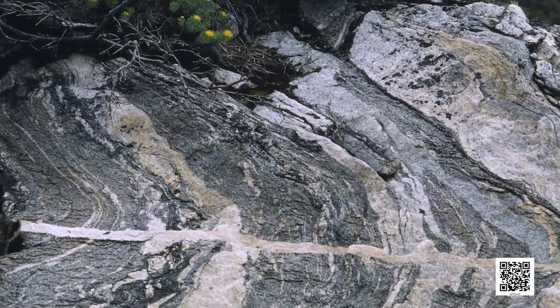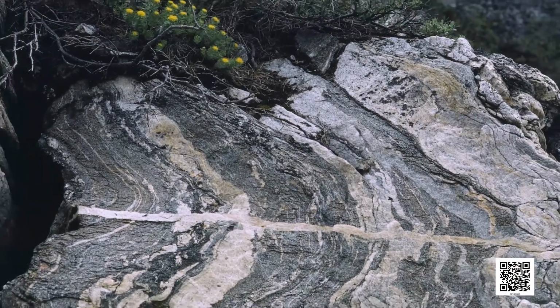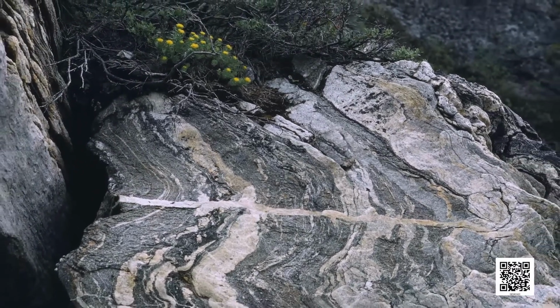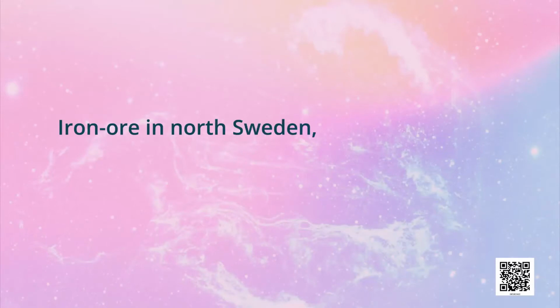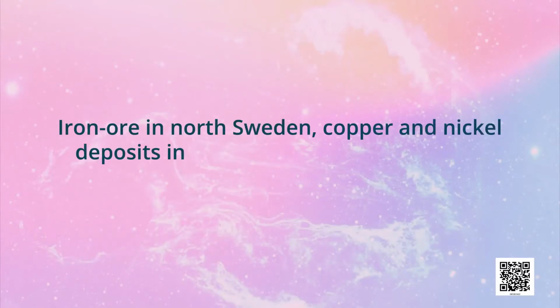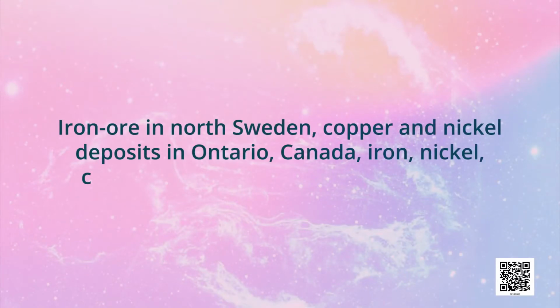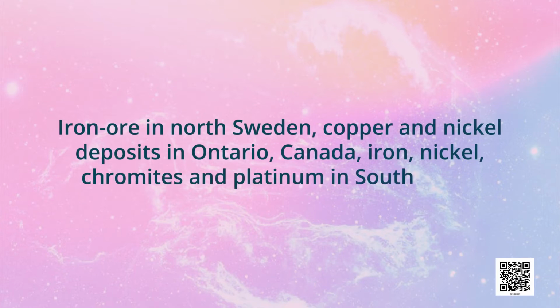Generally, metallic minerals are found in igneous and metamorphic rock that form large plateaus. Iron ore in North Sweden, copper and nickel deposits in Ontario, Canada, iron, nickel, chromite, and platinum in South Africa are examples of minerals found in igneous and metamorphic rocks.